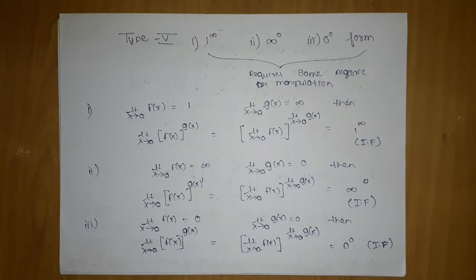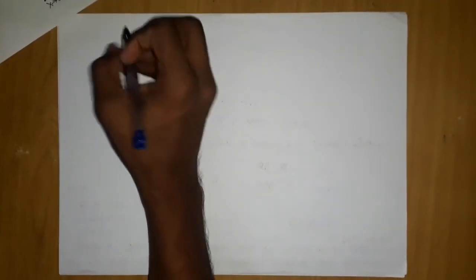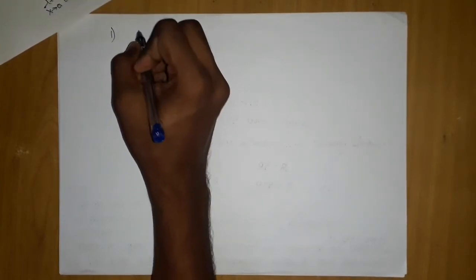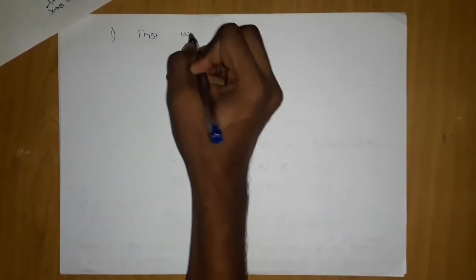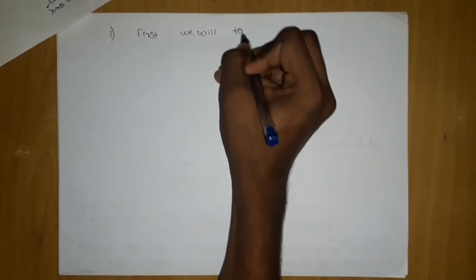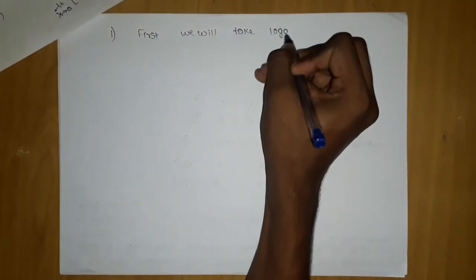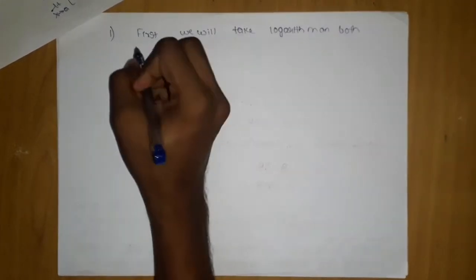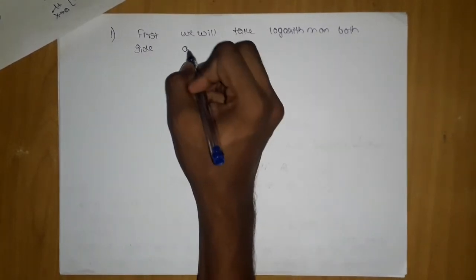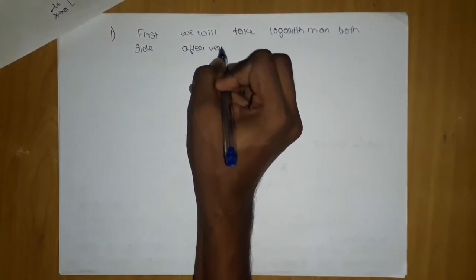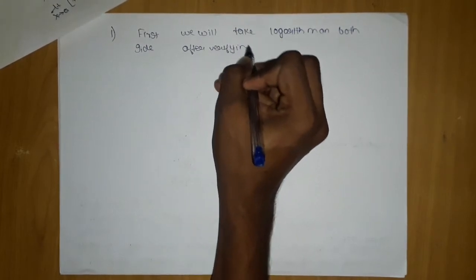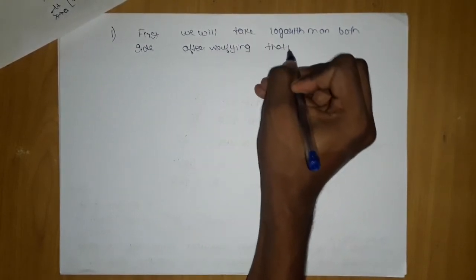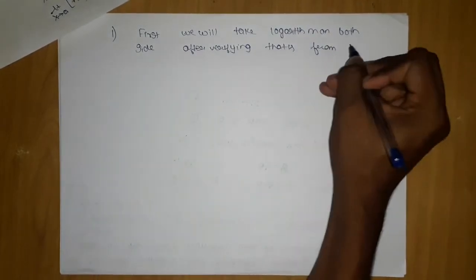Now we are going to see what exact pattern we are going to follow to solve this type of problems. The steps which we will take: first we will take logarithm on both sides, after verifying that it is from type 5.